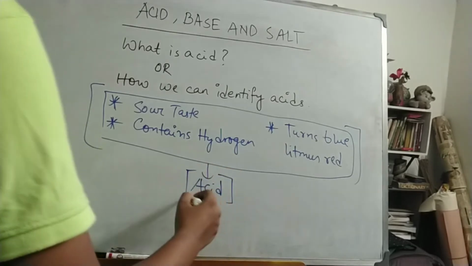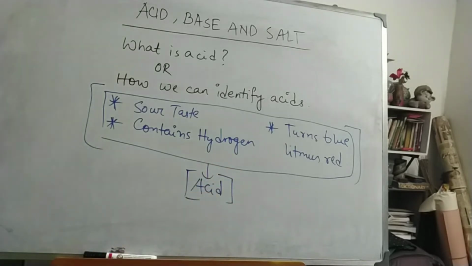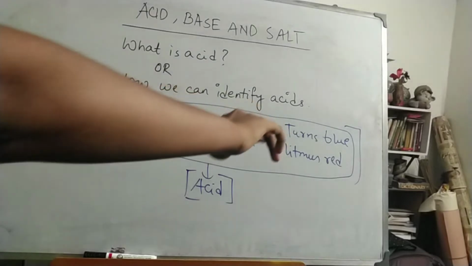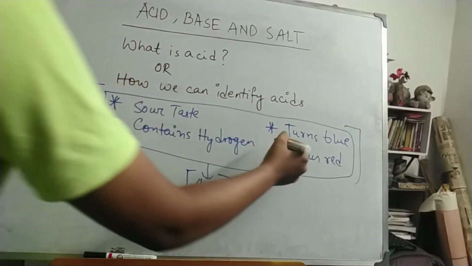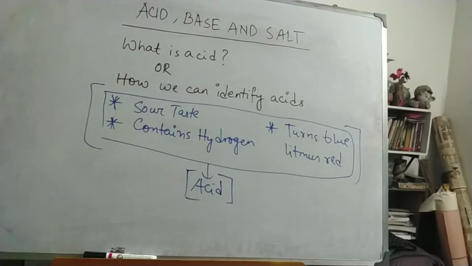How can you identify an acid? If these properties or characteristics are present, then we can identify an acid. Now we will move on to the classification of acids.